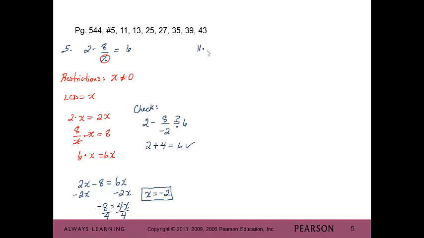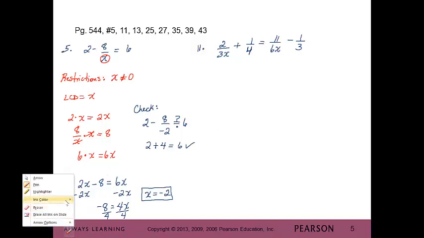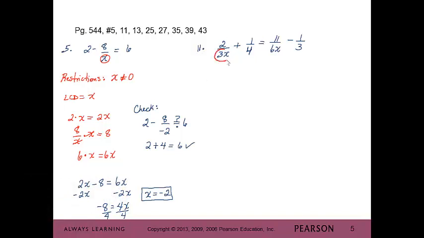And now we have 2 over 3x plus 1 over 4 equals 11 over 6x minus 1/3. So first, let's start by writing our restrictions on our variable. Notice that we have an x in our denominator here and an x here.